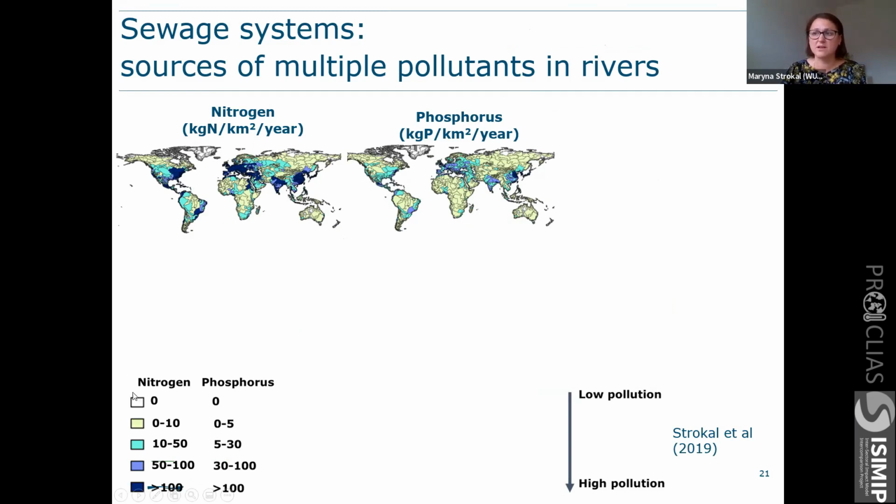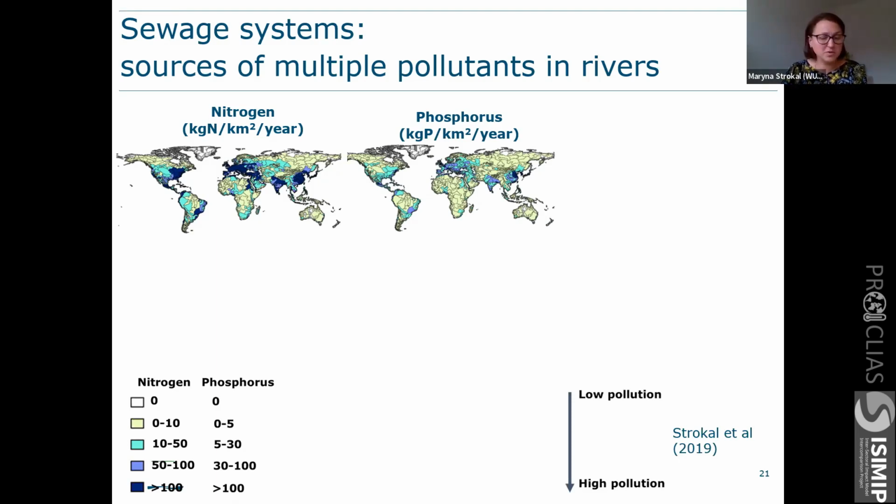And the colors are from light to dark blue. And if it's dark blue, then you have more nutrients in the rivers compared to the other regions. And you see a lot of dark blue in Europe, in Asia. So that is consistent also with the hotspots that I showed you for the agricultural sources.